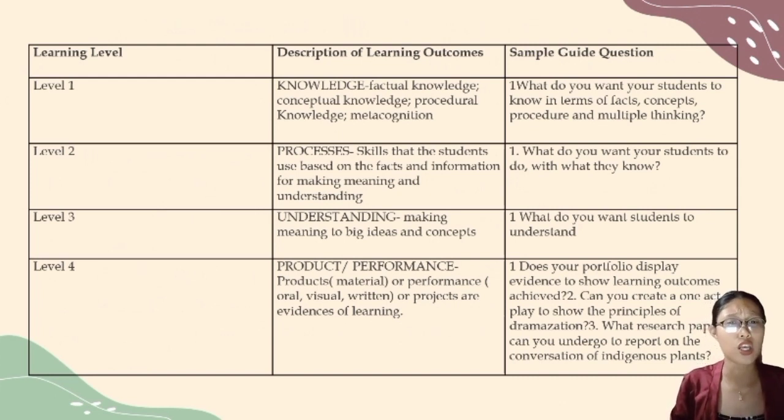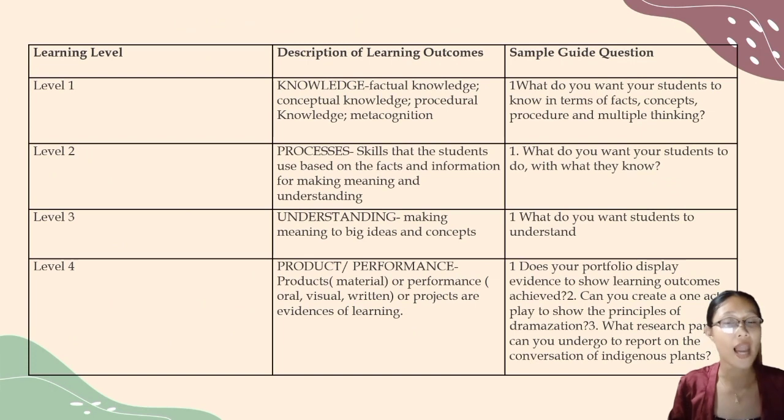The sample question is, does your portfolio display evidence to show learning outcomes achieved? The second is, can you create a one-act play to show the principle of dramatization? Third is, what research paper can you undertake to report on the conservation of indigenous plants?